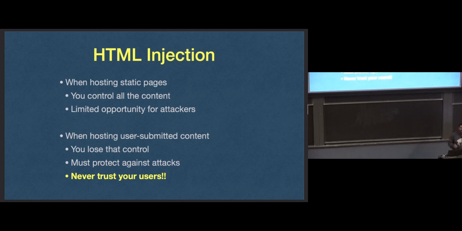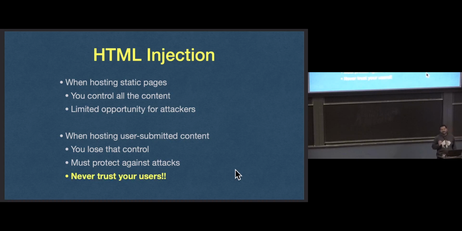We need to be protecting against that. We need to handle this. If your answer is to trust your users, you're wrong. Never, ever trust your users. Don't just say, my users would never hack me. No, you cannot trust your users.